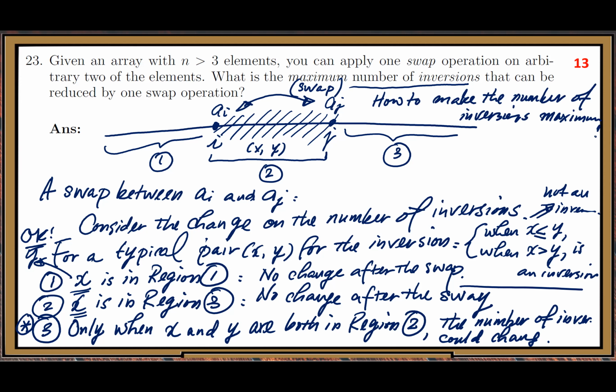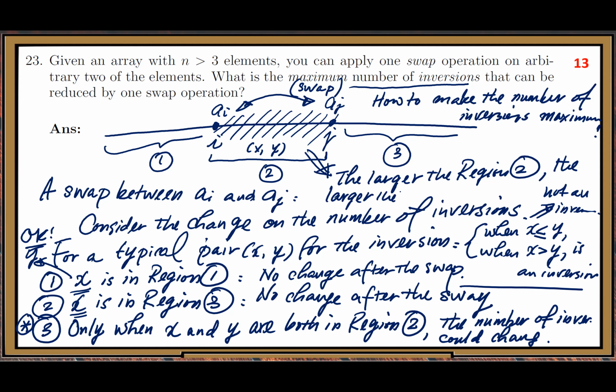Maximum means the larger the region 2, the larger the inversion number.